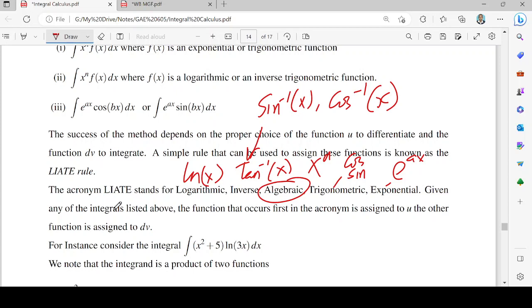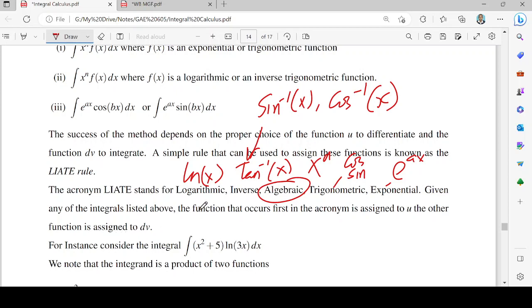So given any integral of the form listed above, 1, 2, or 3, the function that occurs first in the acronym is assigned to u, and the other one is assigned to dv.